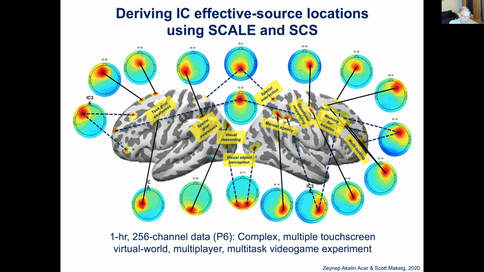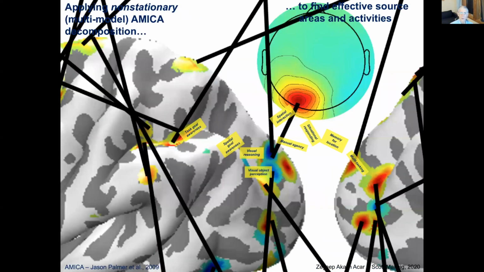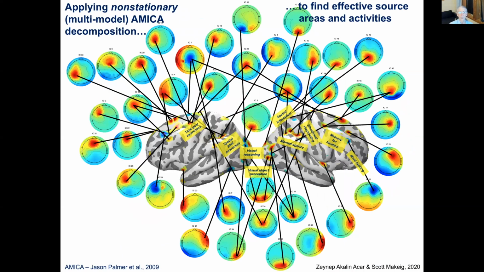So yes, instead of learning one ICA model for the whole hour, we can set several models as the goal and have them fight over portions of the data to represent. And when you do that using multi-model AMICA, then you find many more source areas represented in the data.